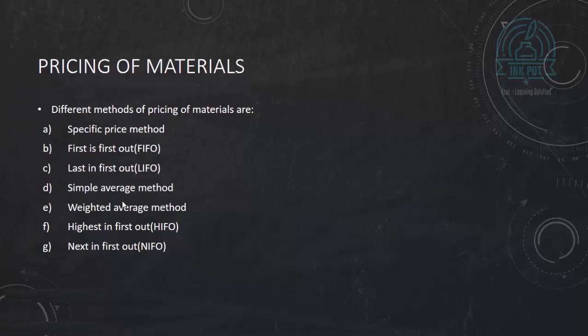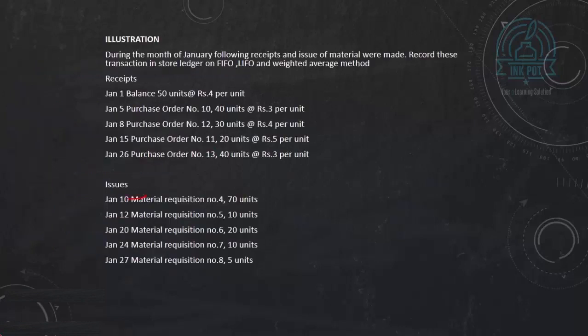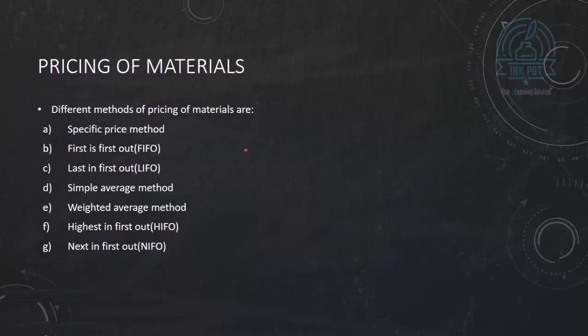Then we have simple average method. In this we take the average price. That is, for example, let's say we have purchased stock on Jan 1 at the rate of 3 per unit, right?